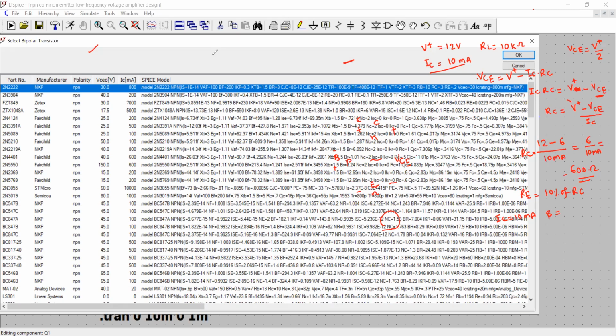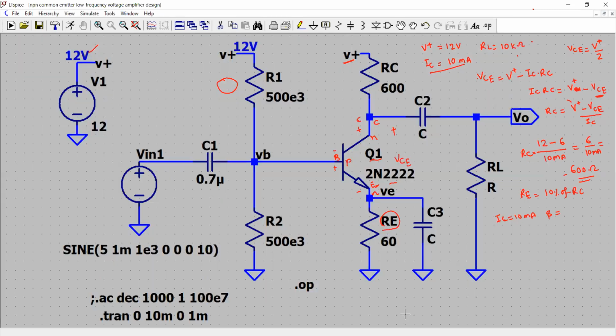Let me highlight it here. So the beta factor is 200. So why not just take that into account to get the value of IB? We know that beta is about 200 and IB is IC divided by beta.